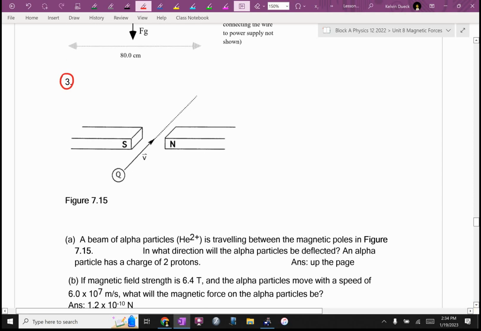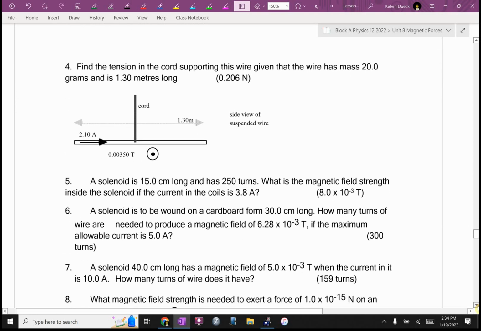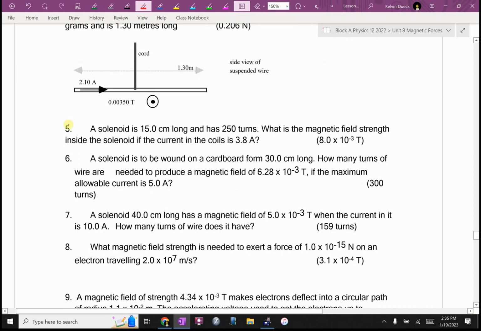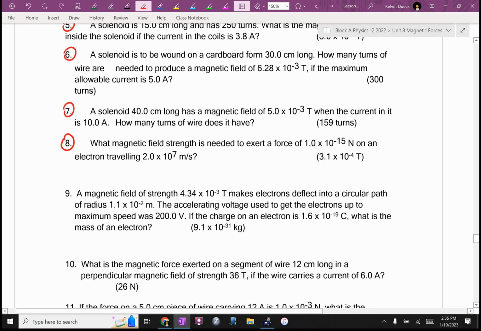Three is good. Skip 4. 5 is good. 6 is good. 7 is good. 8 works. Skip 9.